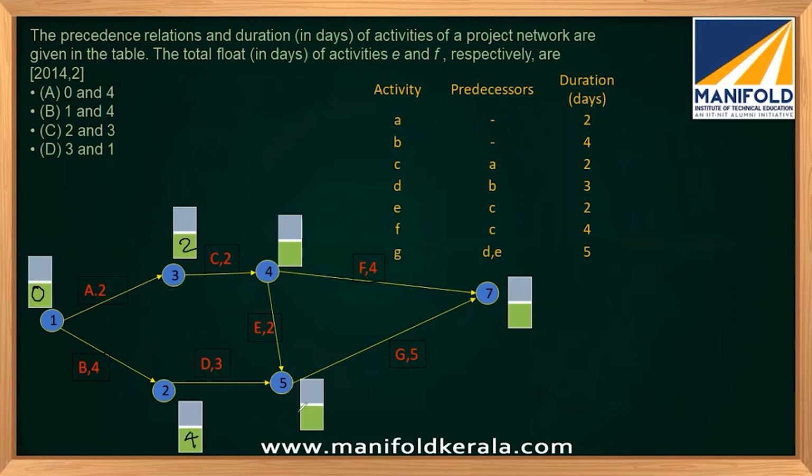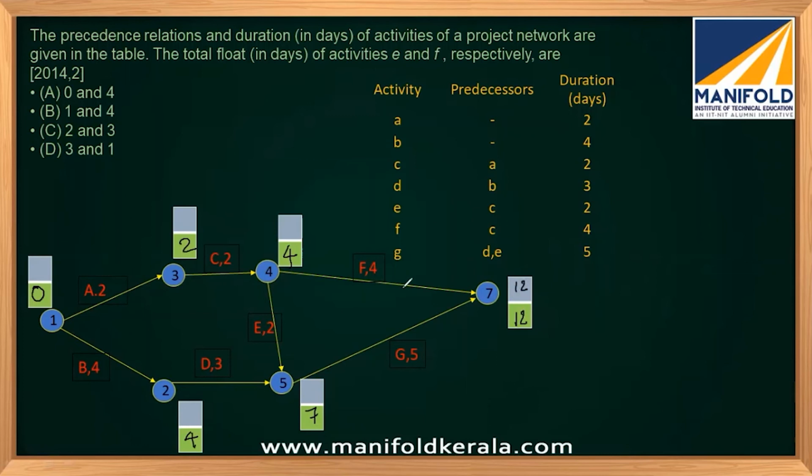For this node, it will be 2 plus 2, 4. Then for this node, there are two ways, 4 plus 2 or 3 plus 4. So the maximum is 7. For this node also, two ways, 7 plus 5 or 4 plus 4 is 8, 7 plus 5 is 12, so 12. So we have the length of the critical path, which is 12.